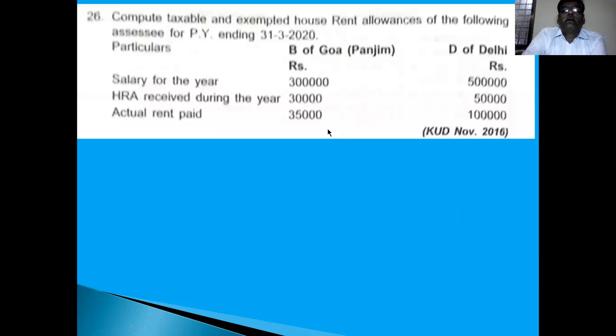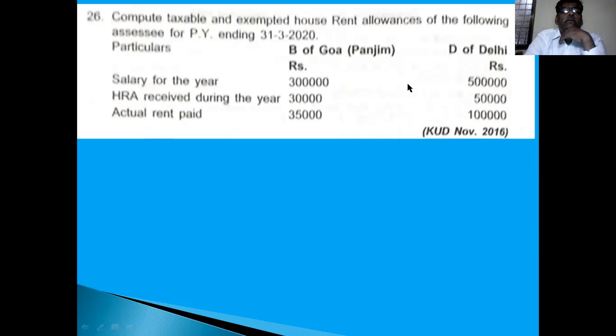Next, come to another example. You see here. Compute the taxable and exempted HRA of the following assessee for the previous year ending 31st March 2020. Here, salary for the year is given. First assessee is B of Goa. He is living in Panji.